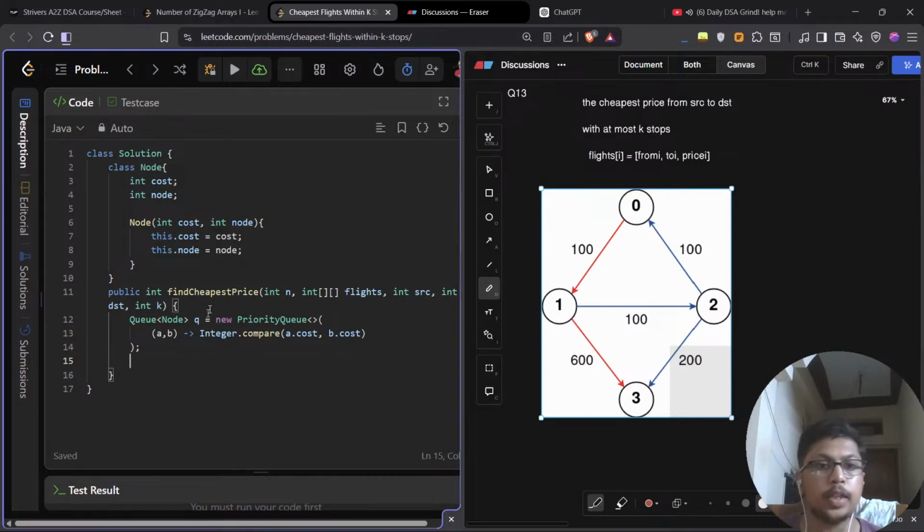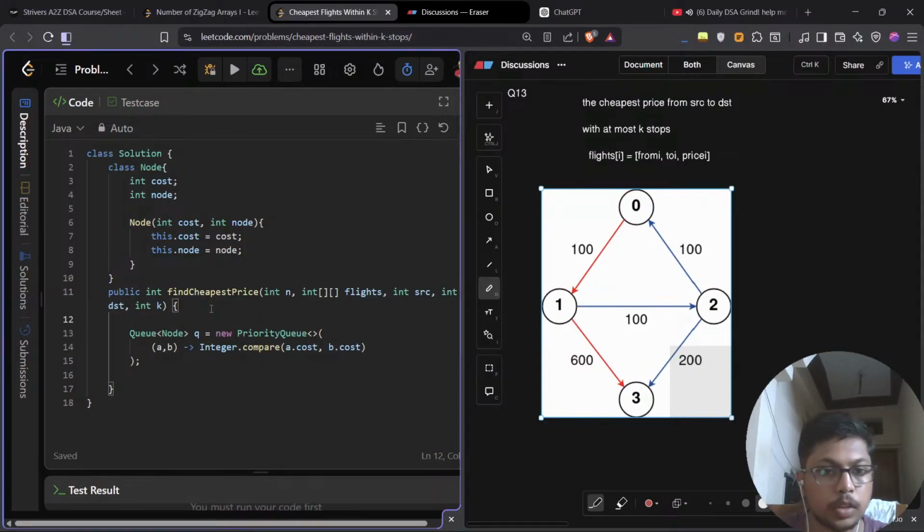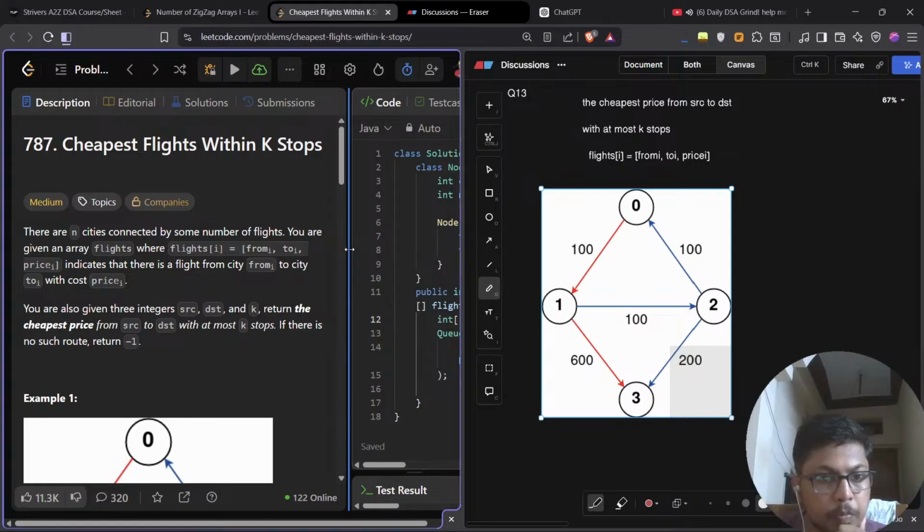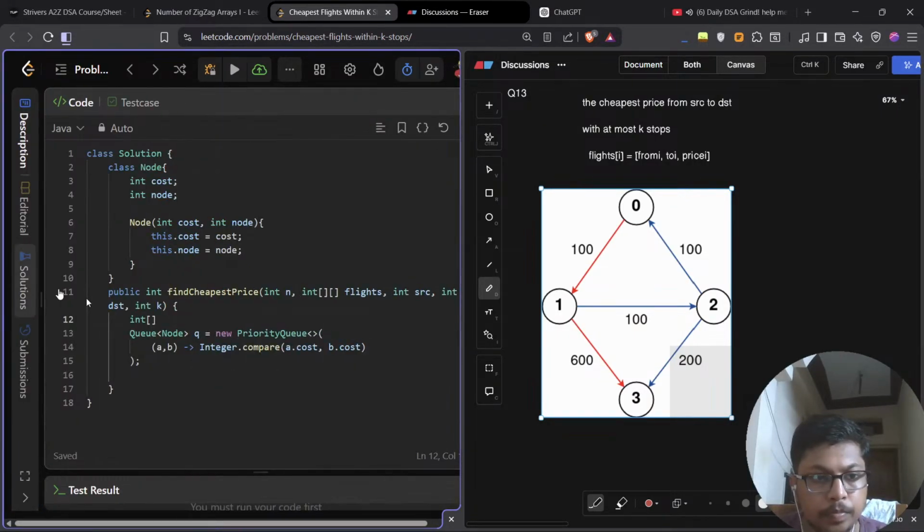One thing is maintaining the cost array itself for each node. So how much will it cost for that thing? So I'm going to maintain a cost, a shortest cost.